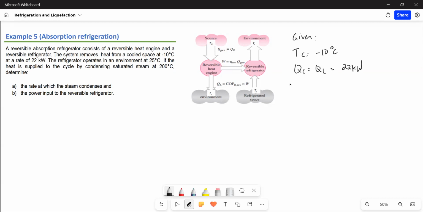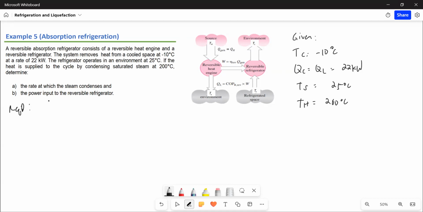And then the refrigerator operates in an environment TS of 25 degrees Celsius. Heat is supplied at 200 degrees, that's TH, 200 degrees Celsius.